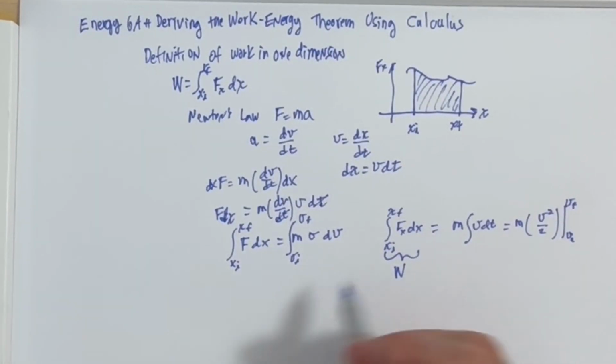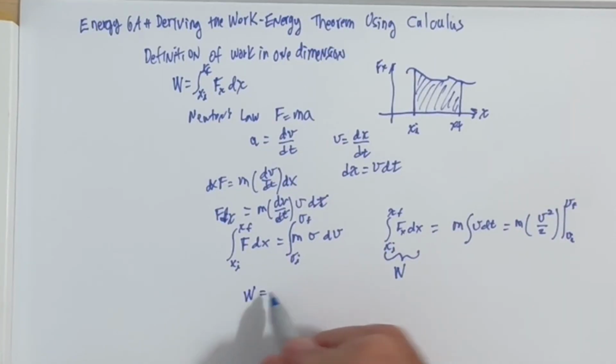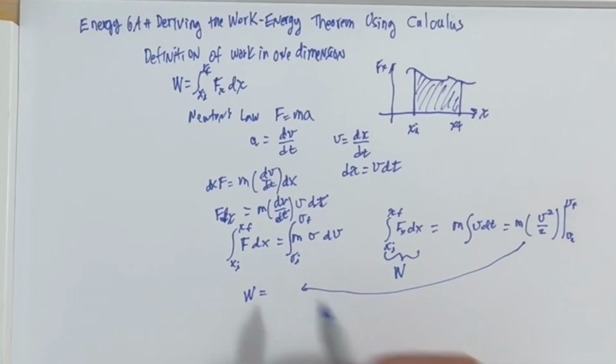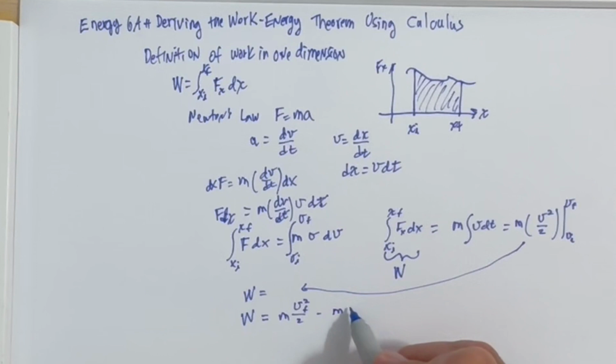So what we come up with is our work, taking this integral, the evaluation of it down to here. Work is equal to m v squared over 2 final minus m v initial squared over 2, which is just equal to 1/2 mass times velocity squared, our definition of kinetic energy.